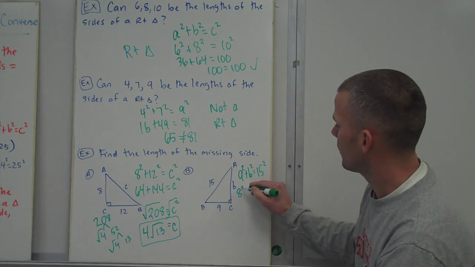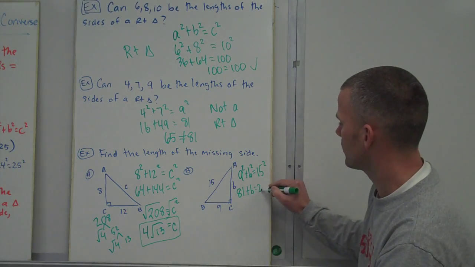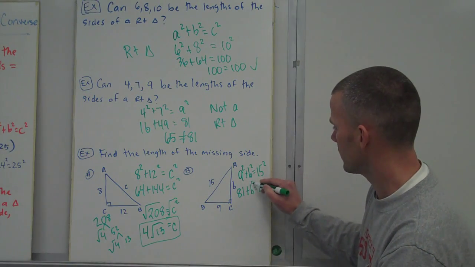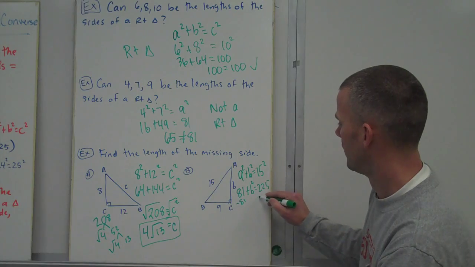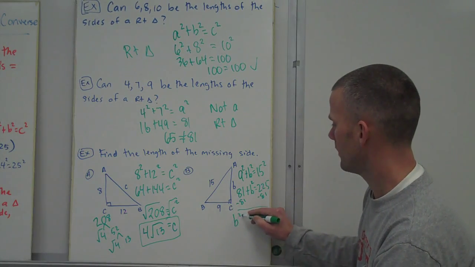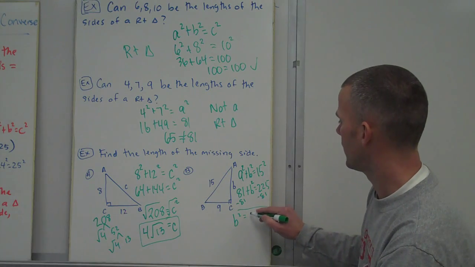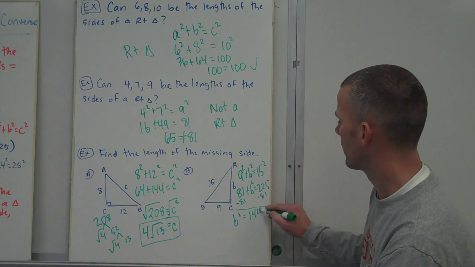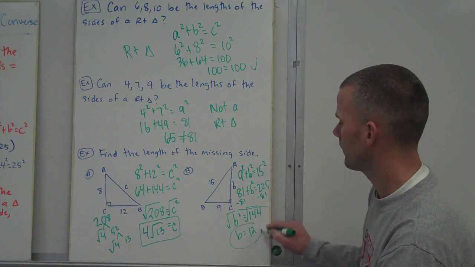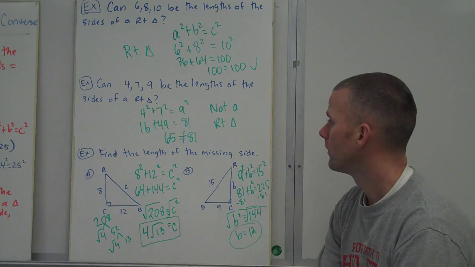So here we've got 81 plus B squared equals 225. Go ahead and subtract the 81 over. So we've got B squared equals, what's that, 144. Take the square root. We know that B has a length of 12.